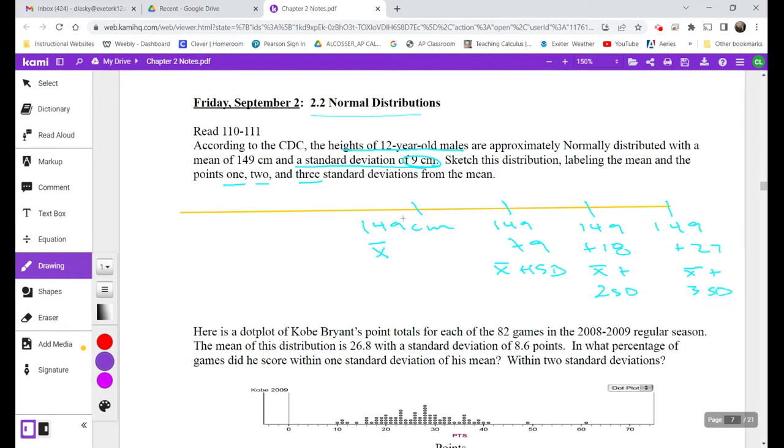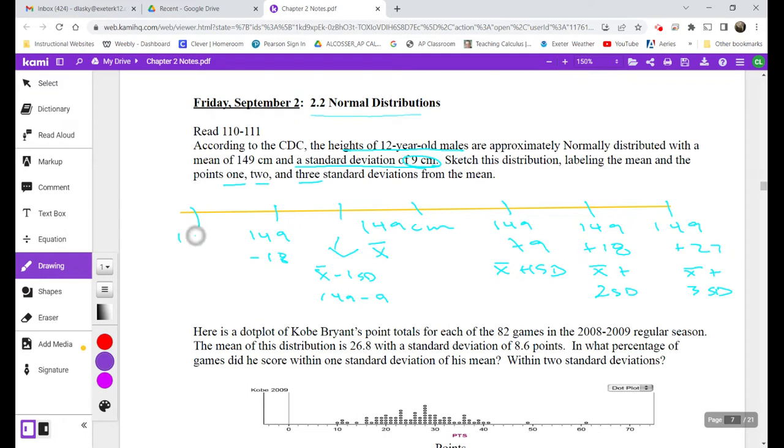All right. So again, if I go to the other side here and I put 3 of them, my first point right here is going to be my X bar minus 1 standard deviation, which is going to be 149 minus 9. This side's going to be 149 minus 18.